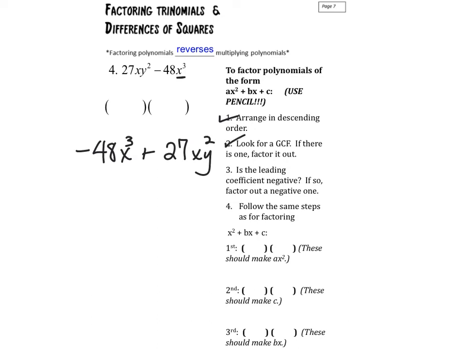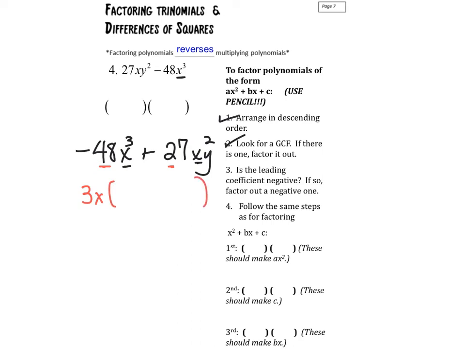I also want to look for a GCF, and I do see a GCF. I have x to the third power and x to the first power. So I have an x in common, and 48 and 27 definitely have a 3 in common. So I'm going to go ahead and pull out a 3x, and let's see what we have left.